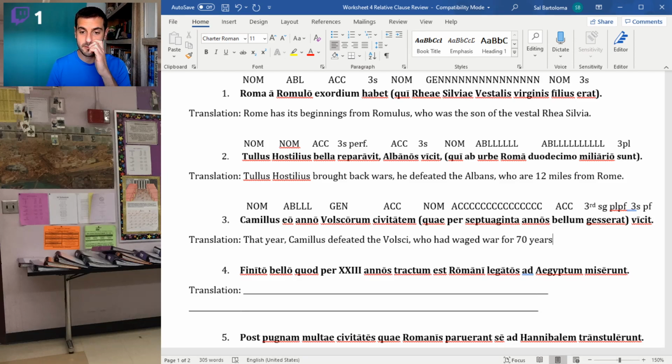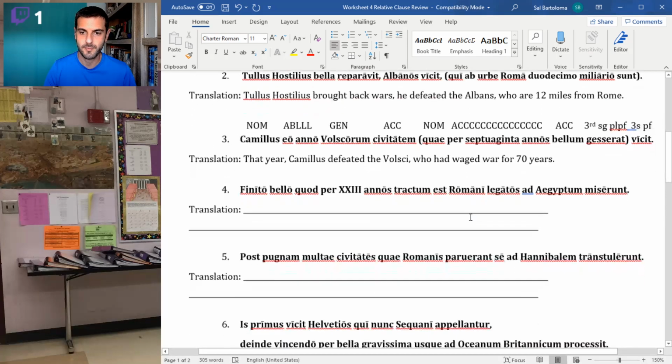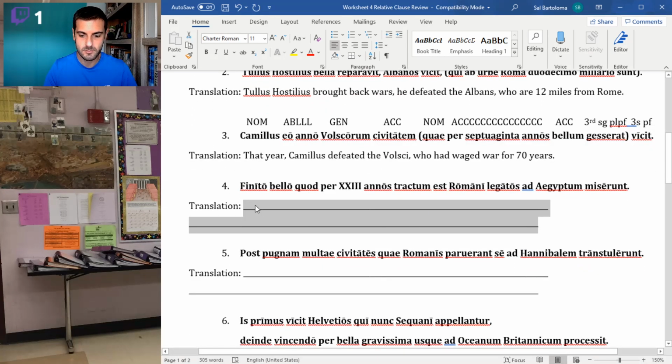It would be grammatically enough to just have Septuaginta annos. That would be the accusative of duration of time. But in later Latin, they started using the preposition. So that tells you that the language was changing a little bit. So that year, Camillus defeated the Volsci, defeated the city of the Volsci, the citizenry of the Volsci. He defeated the Volsci, who had waged war for 70 years. They were always nipping at Rome's heels, as it were.